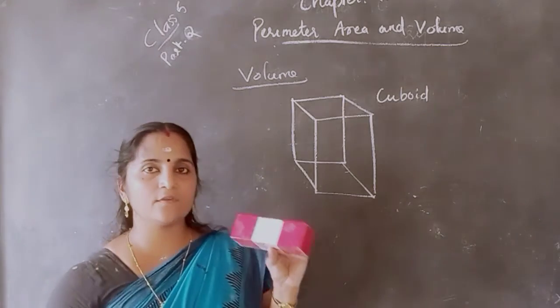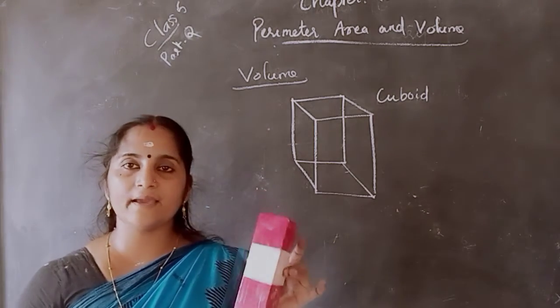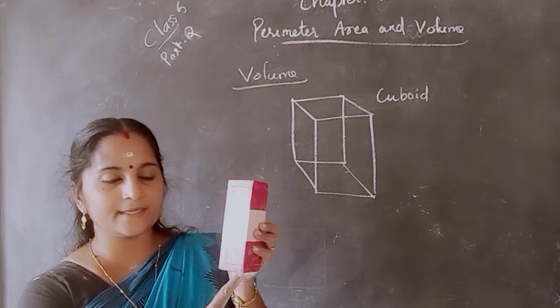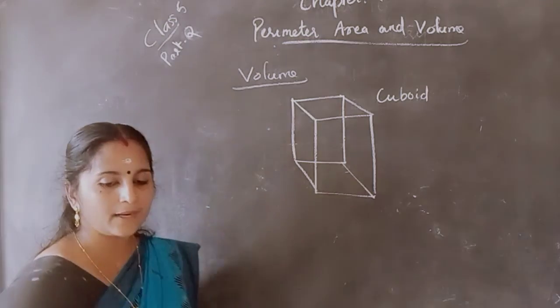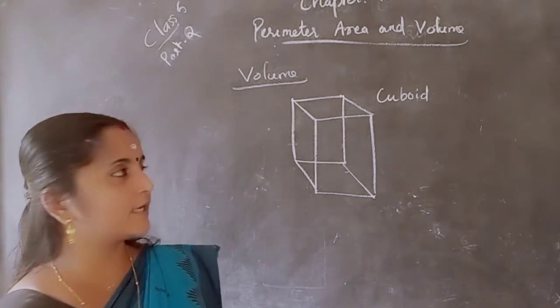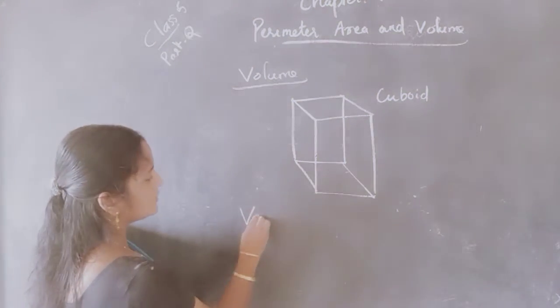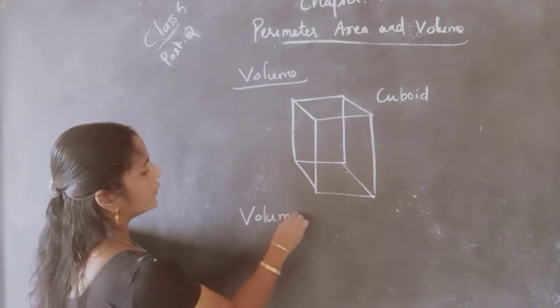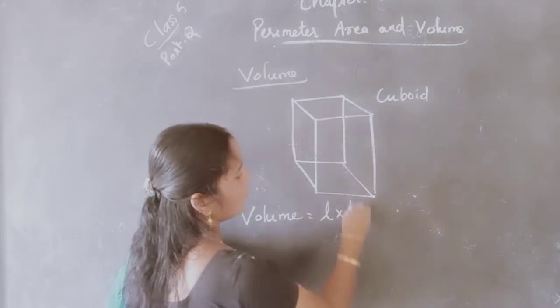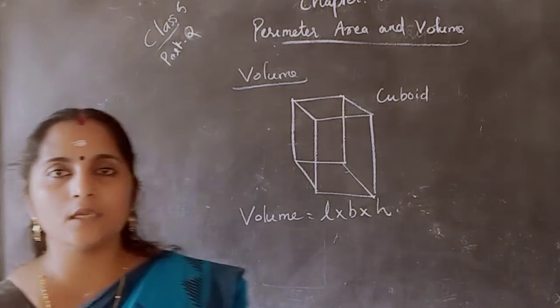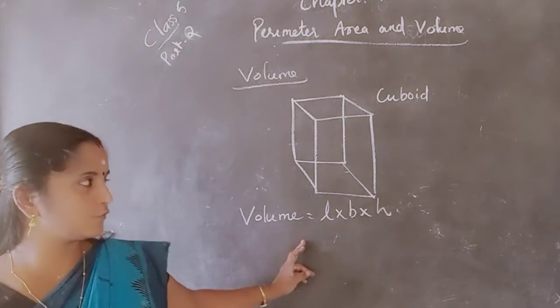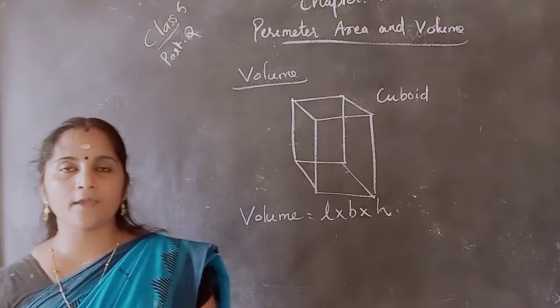So here we have 3 dimensions. Which are they? Length, breadth and height. If you multiply all these measures, we get the volume of this solid figure, the cuboid. That is L into B into H, the equation to find out the volume of a cuboid.